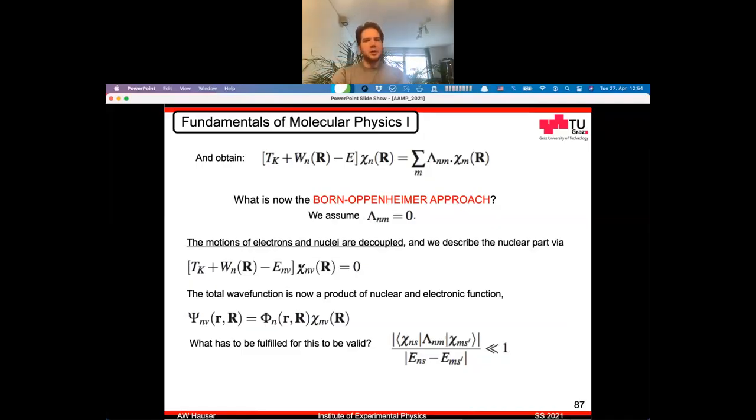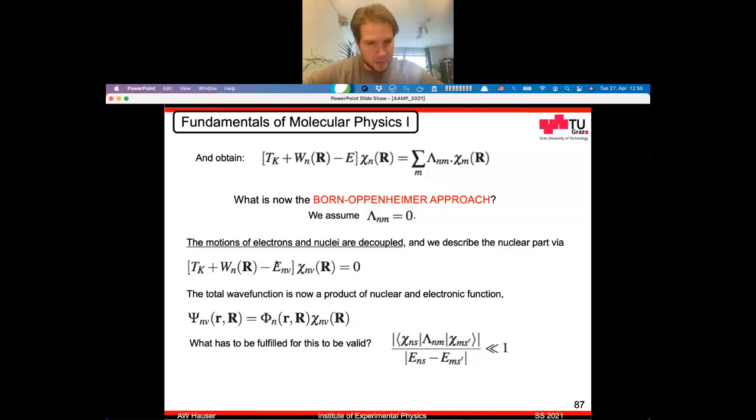And so what we now realize is that this Kn is something we can interpret as the actual nuclear wave function that describes the motion of the nuclei. Because what do we have?